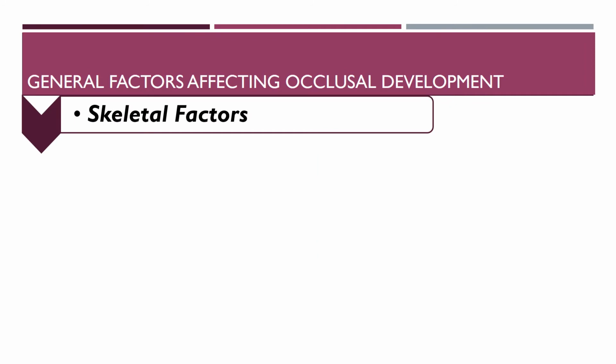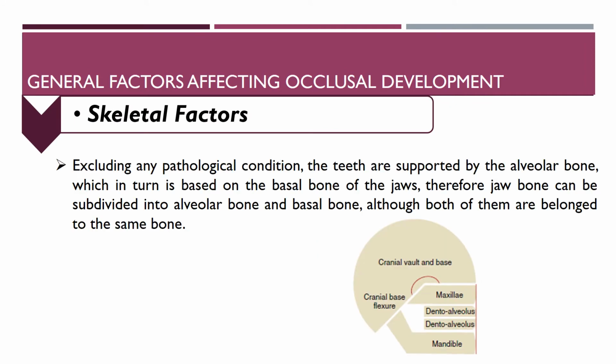First of all, we are talking about the skeletal factors. Excluding any pathological condition, the teeth are supported by the alveolar bone, which in turn is based on the basal bone of the jaws.